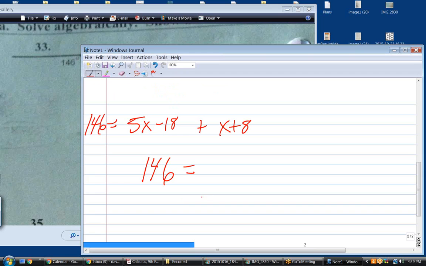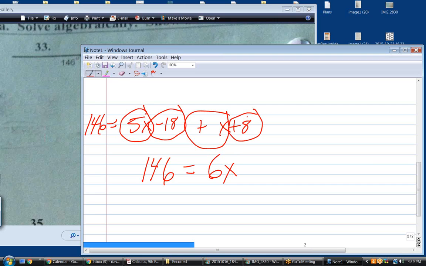So then would you combine like terms? Would it be 4x? Well, you got a 5x there, and you got a plus x there. So 6x. Okay. And the numbers, you got a minus 18, you got a plus 8.